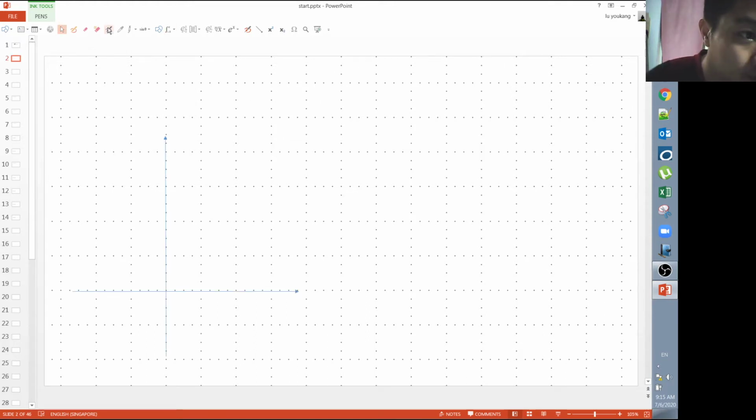So over here, I already have my x and y axis. Let me start off with y is equal to x to the power of... So let's start off with y is equal to 2.